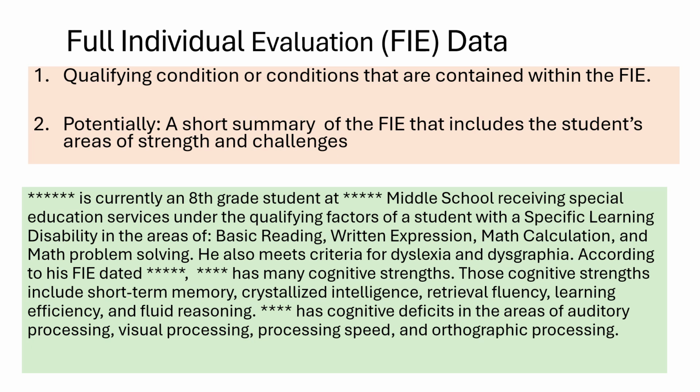So what do we get from these evaluations? Usually in the PLAAFP, it will state the qualifying condition or conditions that the child has in order to get special education services. And potentially it will be a short summary of the FIE that includes the student's areas of strength and the areas of challenge for that student.